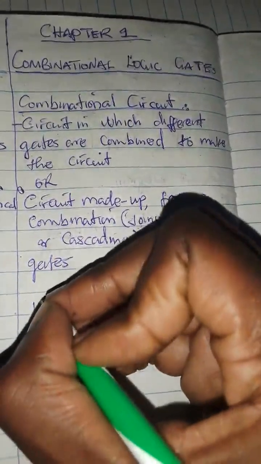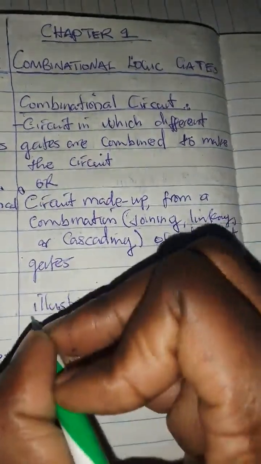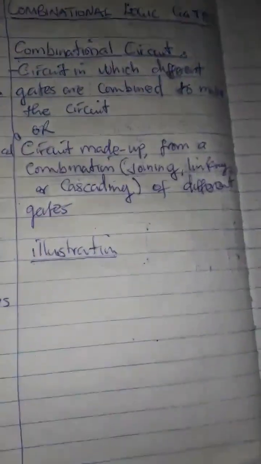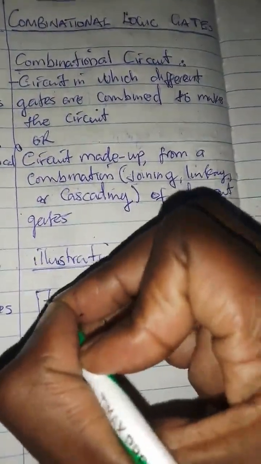A simple illustration: let's say you get an AND gate. I'll draw some signals here first.